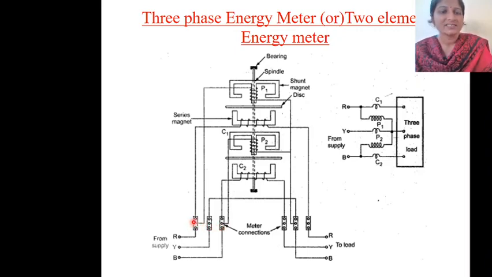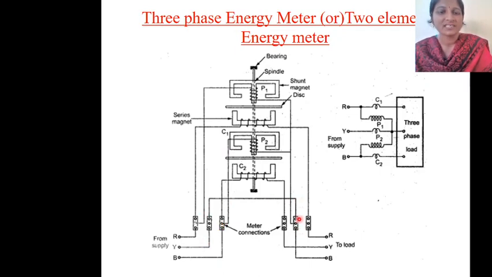From the R phase, one wire goes to the current coil and one goes to the pressure coil. In the B phase, the other element is connected. For the B phase, one wire goes to the current coil and the other to the pressure coil. And both the Y phases are joined.